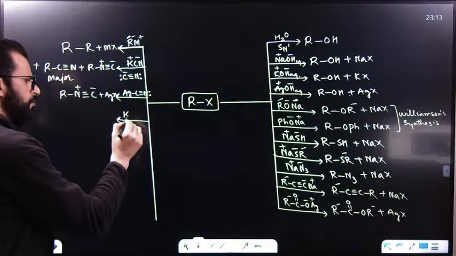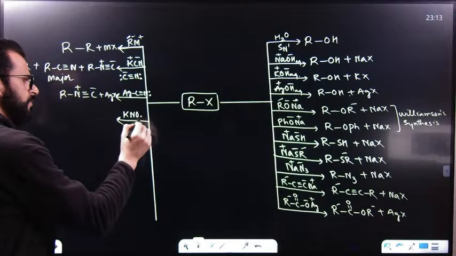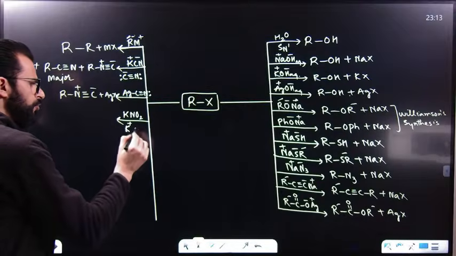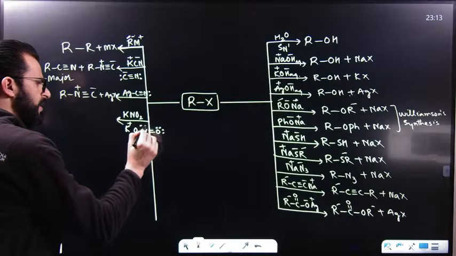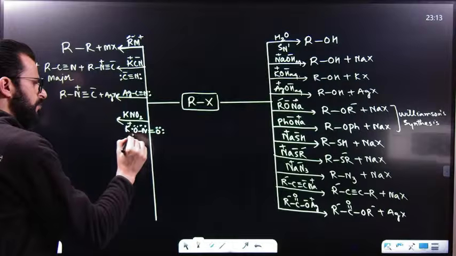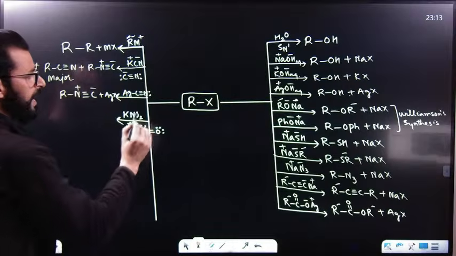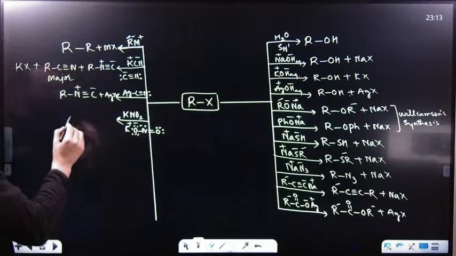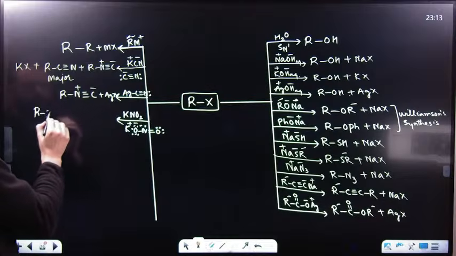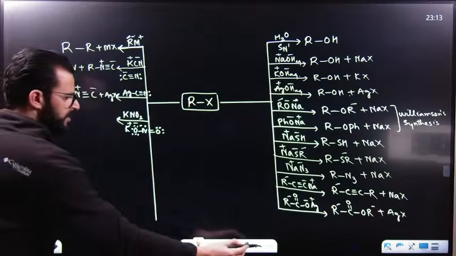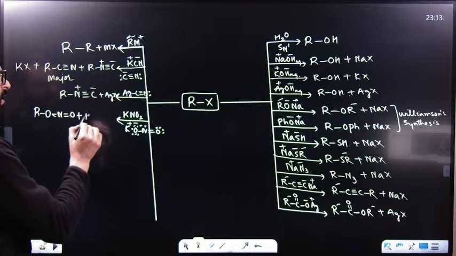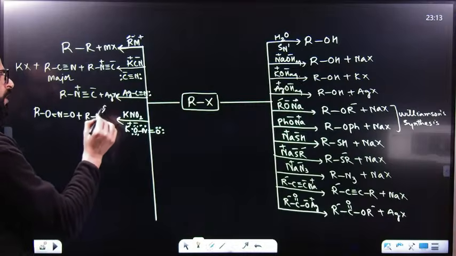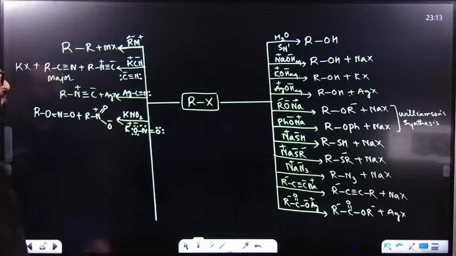After that, if you write down KNO2, it is actually K positive O-N double bond O. So this is what we call an ionic compound. O minus can attack, N can also attack. So it will result in the formation of RONO, that means alkyl nitrite, as well as RN double bond O, with O having negative charge and N a positive charge, nitroalkane.